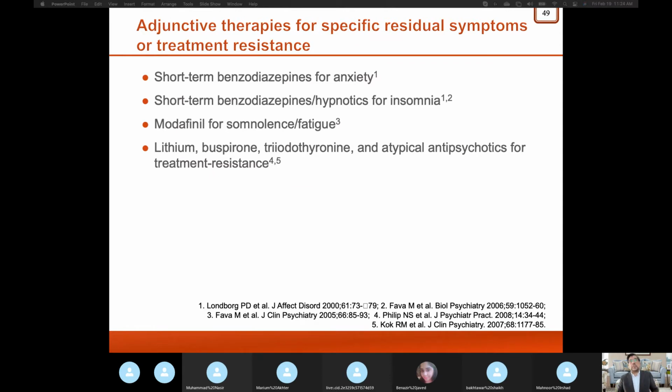So my prescription usually is, if I write escitalopram for MDD, I will write tablet escitalopram 20 milligrams, half a tablet for maybe a week or 10 days, and then pushing it up to 20. If I have carefully assessed the patient for comorbidities like bipolar disorder, I will do that.